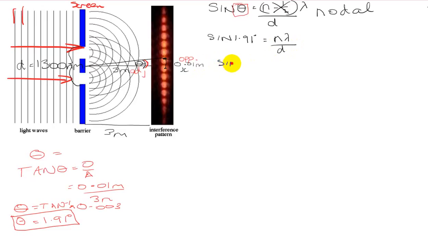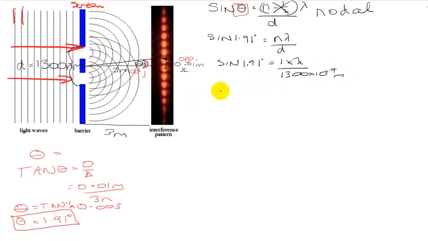So sine 1.91 degrees equals, and we're talking now about the first antinodal point. So it's actually 1 multiplied by the wavelength over d, and d is the distance between the diffraction grating slits, which was 1300 by 10 to the minus 9 meters.